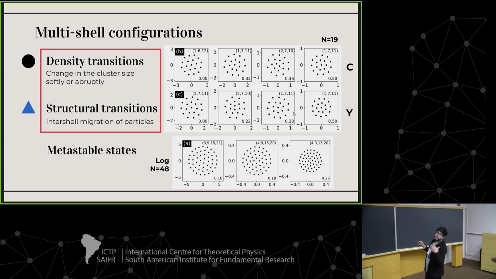The cluster also collapses, but there are more accessible states for it to fulfill the shells, so we can break the magic configuration, the 1,612 into 1,711, 2,710, and then it goes back to 1,711. And as we increase the number of particles, of course, we have the same behavior.